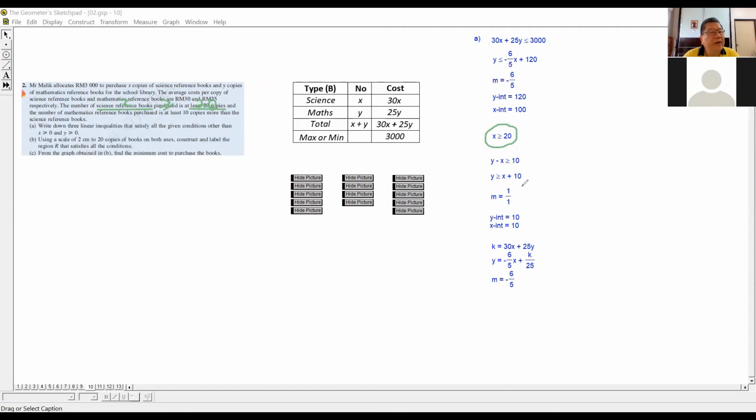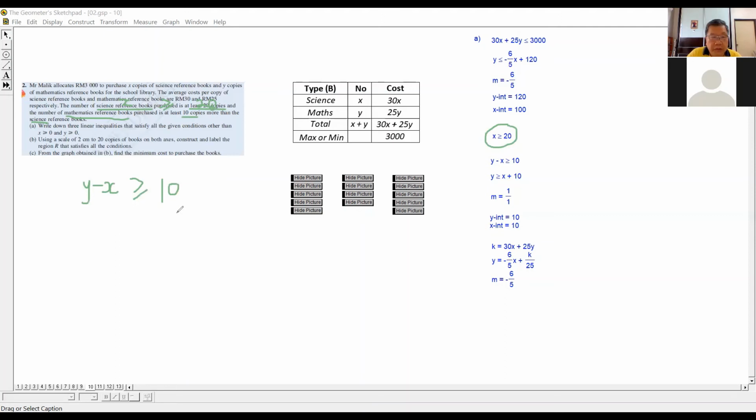Okay, next one. The number of maths reference book is at least 10 copies more than the science reference book. So maths reference book is called Y, right? 10 copies more than the science reference book, so I minus the science reference book. At least 10 copies more, so must be greater than or equal to 10.